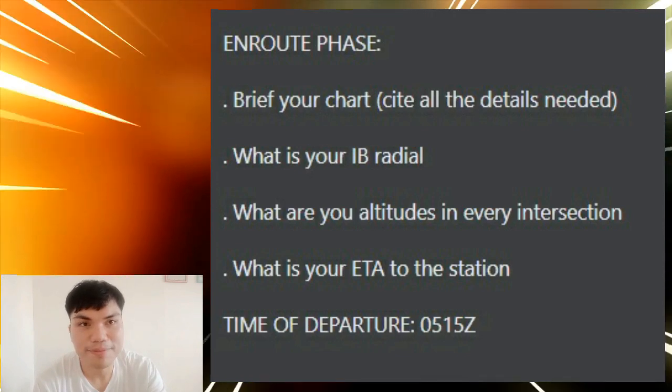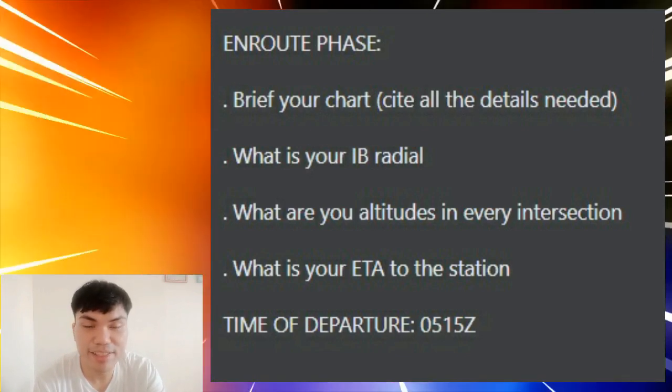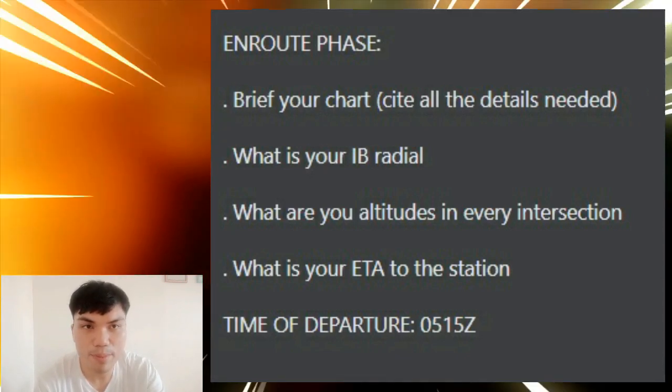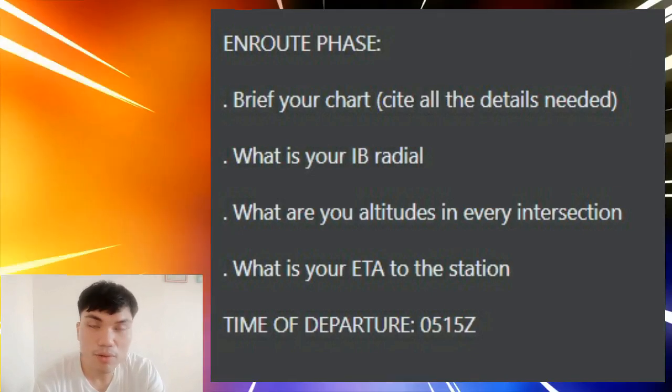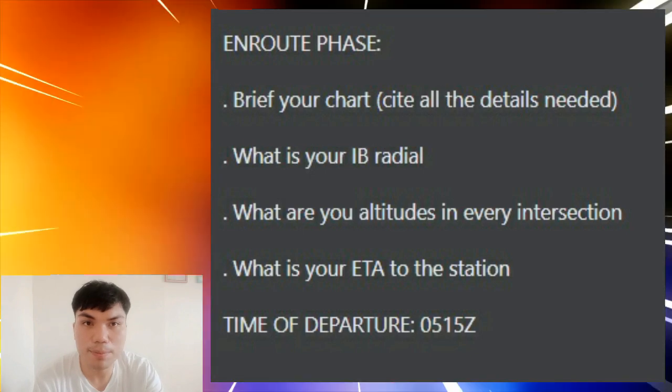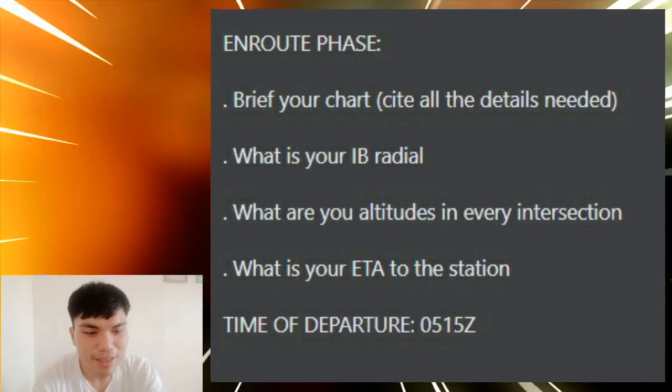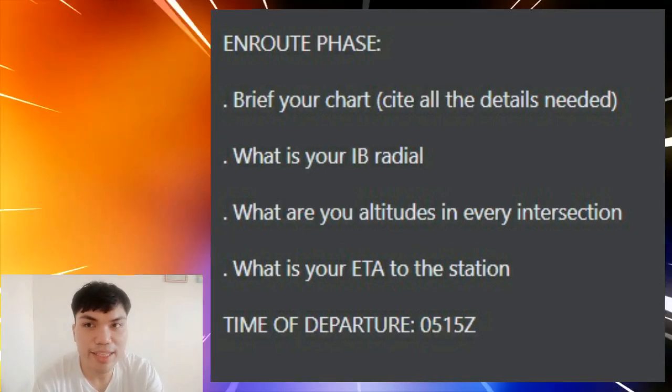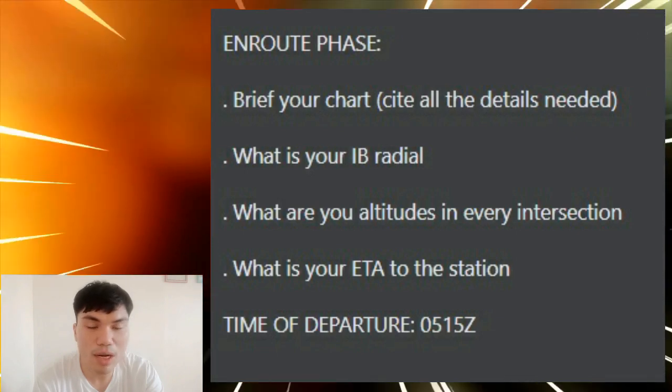So time of departure is 0515 Zulu, or in the Philippines here, that's 1:15 p.m., or 1315 Hotel.